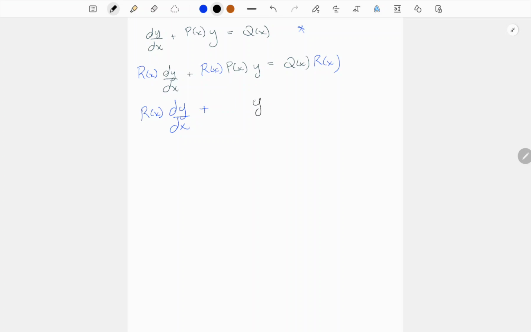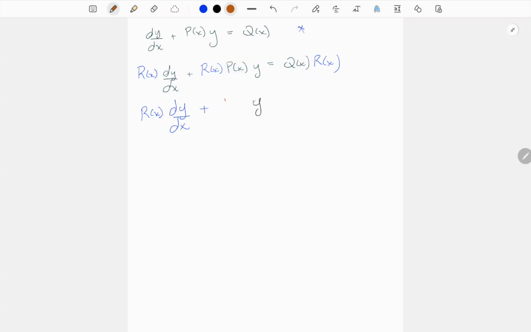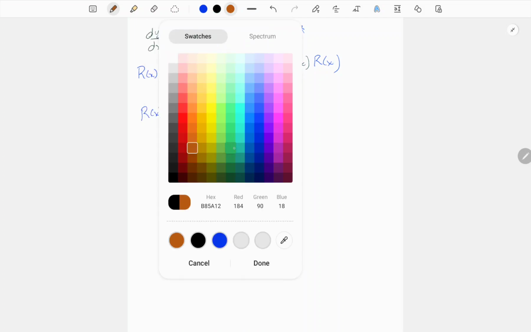I'm going to leave this one black, but what we need to enforce is this. This is r prime. Let me just make it dr by dx. That's r prime. Let me try another color here. We'll go with green.